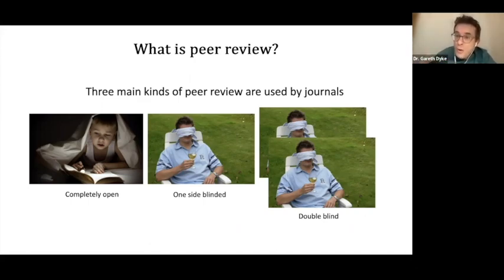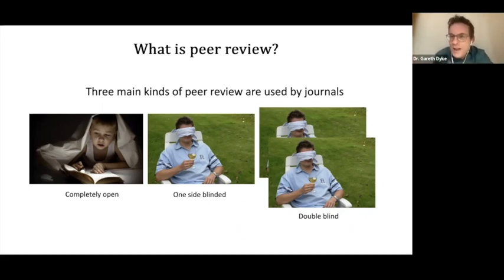That's where your identity is shown to the reviewer, but you as an author don't know the identity of the peer reviewers. One-side blinded. That's the most common kind. If you've sent a paper to an international journal, chances are you've probably gone through single blind peer review. There's another form called double blind, where your identity and the peer reviewer's identity are kept from one another.